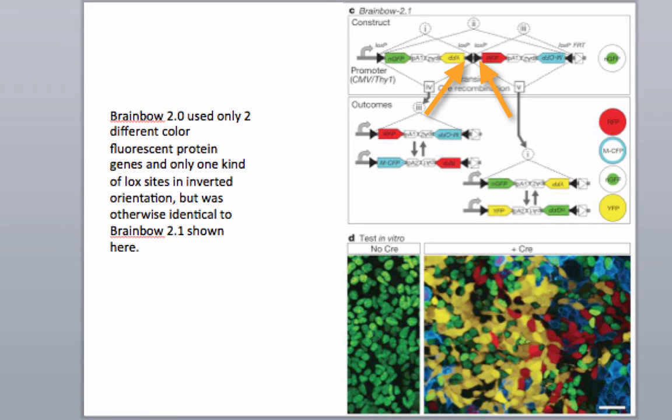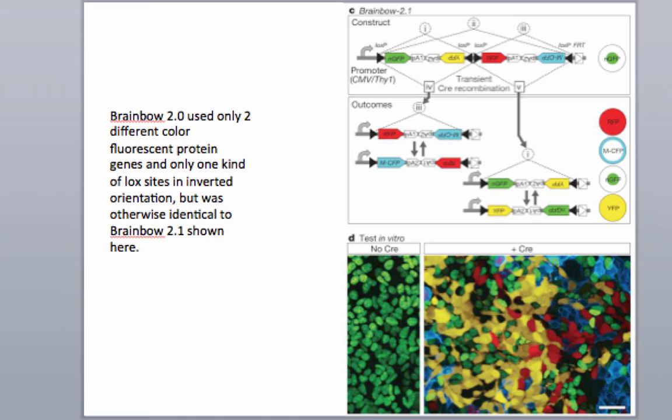And so many different kinds of recombinations can happen between them. For example, lox sites 1 and 3 are in direct orientation, and lox 2 and lox 4 sites are in direct orientation also, so they cause deletions if Cre recombines them. In contrast, lox 1 and lox 2 sites are in inverted orientation, and lox 3 and lox 4 sites are also in inverted orientation. So recombinations in these 2 cases lead to inversions.